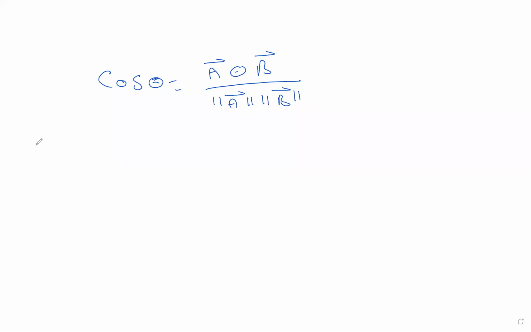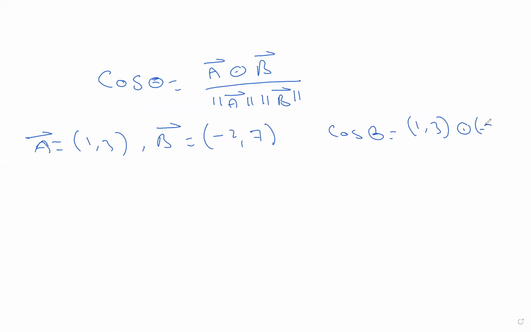First case, for example, if vector A equals (1, 3) and vector B equals (-2, 7), we can find the angle between them. Then cosine theta will be A dot B, which means the vector (1, 3) dot the vector (-2, 7), over the norm of this one, which is root of 1 squared plus 3 squared, that is 10, and the square root of 4 plus 49, which is 53.